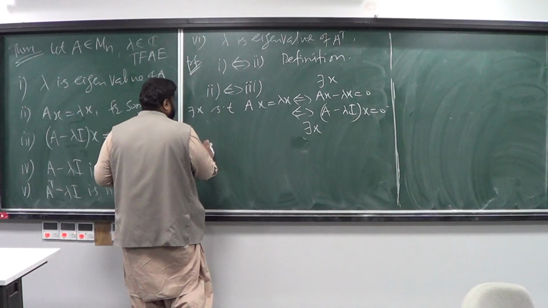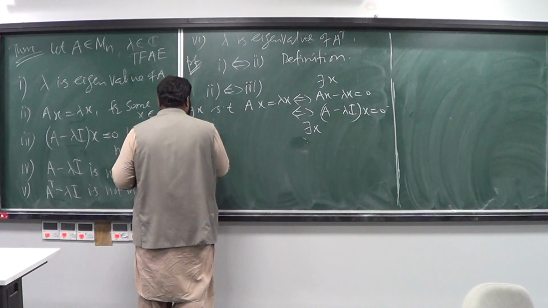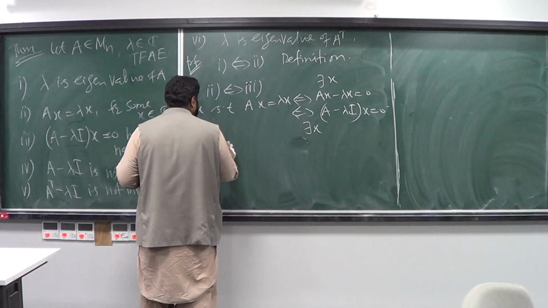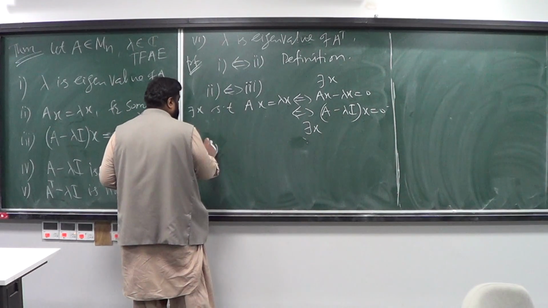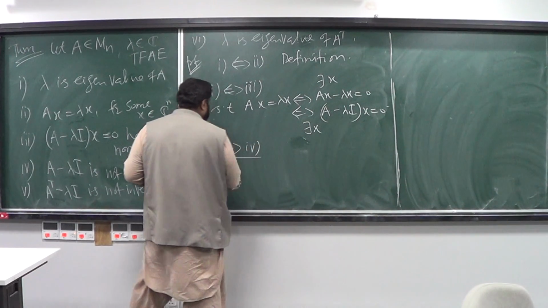Three and four, why are 3 and 4 equivalent?